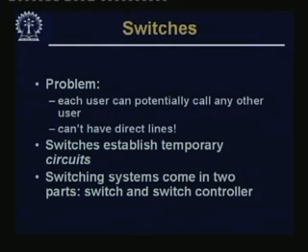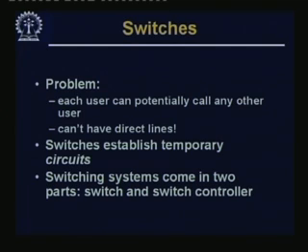First thing is, why do we need switches? Well, the problem is that each user can potentially call any other user, as we have seen in telephone networks. We cannot have direct lines, we cannot have order n square kind of lines. So, every user is connected to essentially a switch in the switching office, and switches establish temporary circuits.